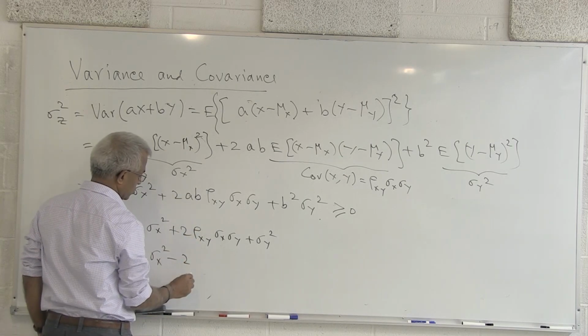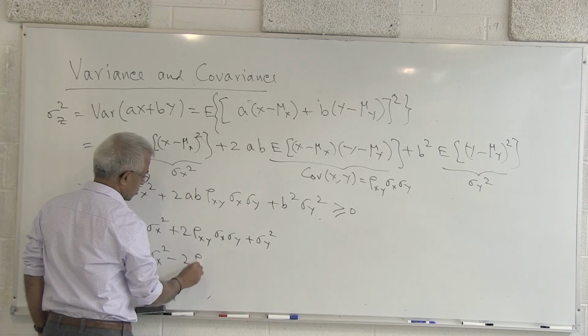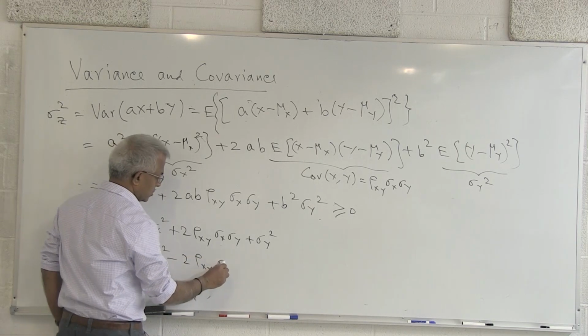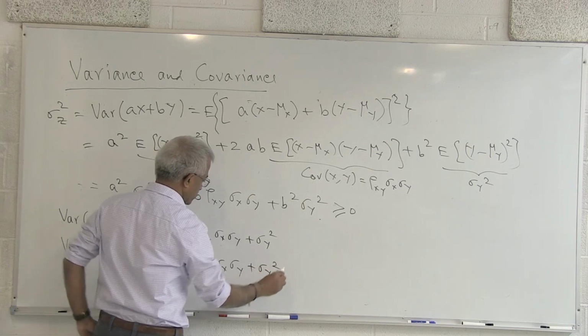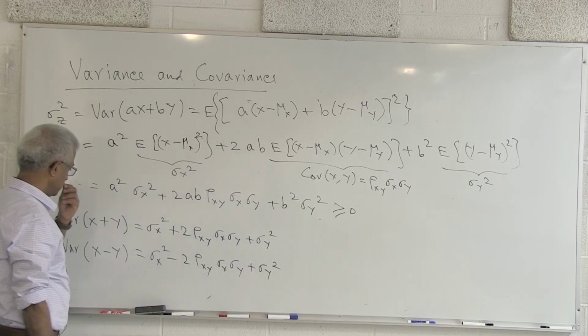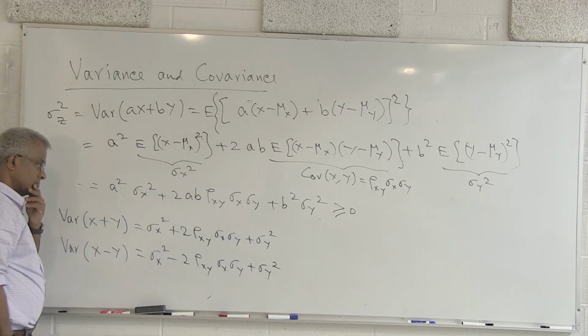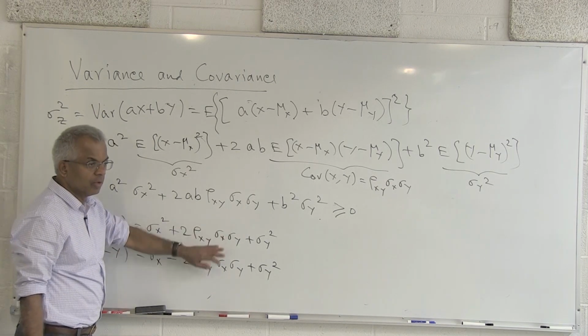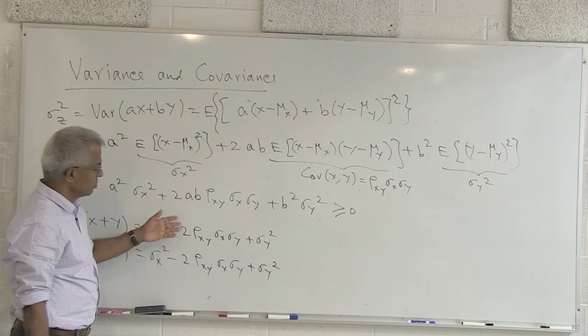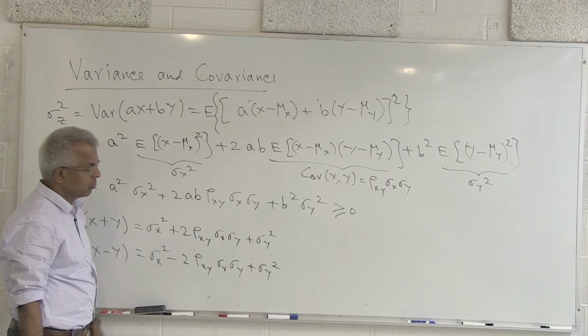So this is sigma x squared minus 2 rho xy sigma x sigma y plus sigma y squared. If you add the variances of X plus Y and X minus Y, the middle term will go away and you'll get 2 times sigma x squared plus sigma y squared.